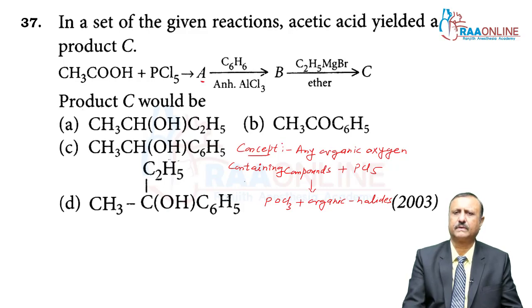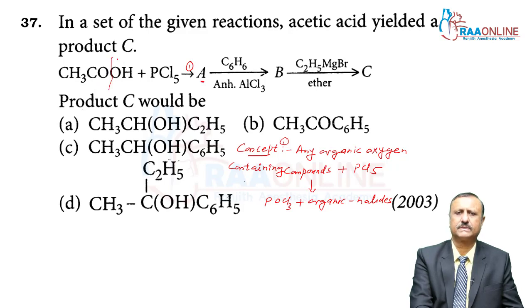Here this concept number 1 is used in this reaction. You can see acetic acid reacts with PCl5. That is why, my dear students, POCl3 is evolved plus HCl is evolved, and you get A, that is CH3COCl.